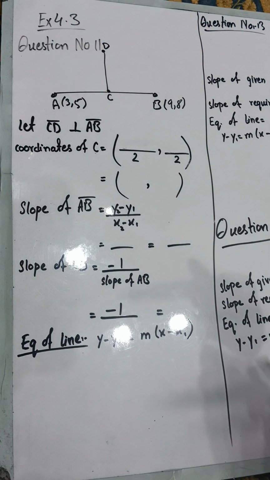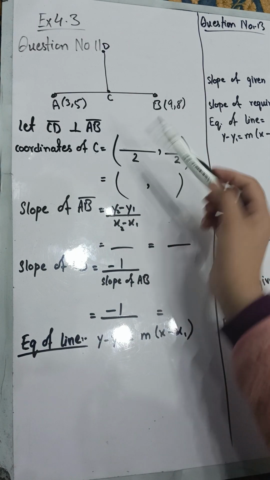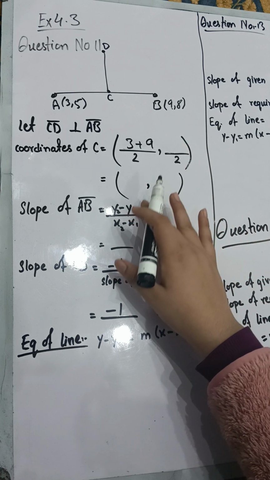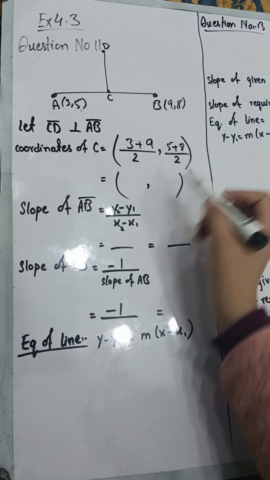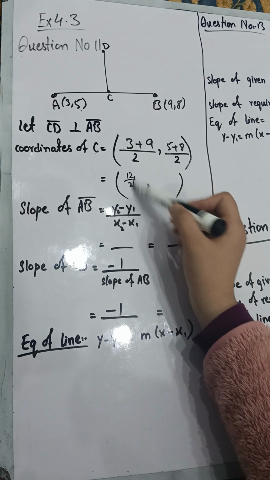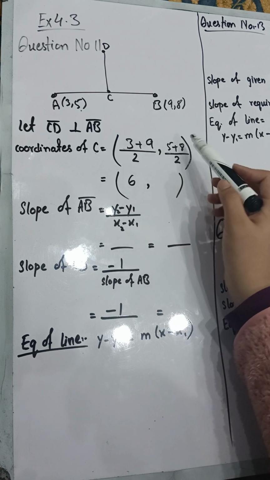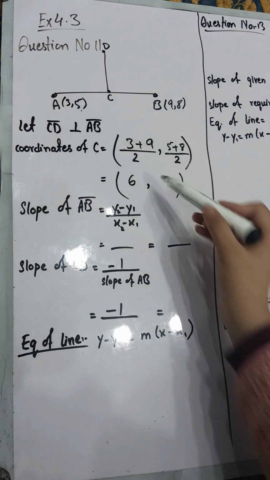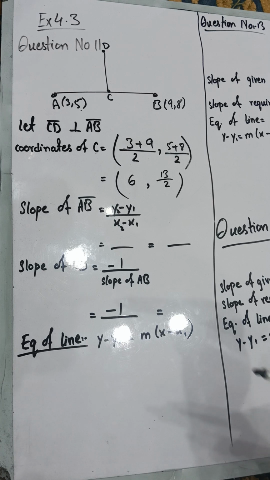So how are we going to find it? We will add them: 3 plus 9 divided by 2 will give the x coordinate of C, and 5 plus 8 divided by 2 will give the y coordinate. 3 plus 9 is 12, 12 divided by 2 will equal 6, so I am directly writing here 6. 8 plus 5 will be 13, and 13 divided by 2 is not cutting down, so it remains that value.